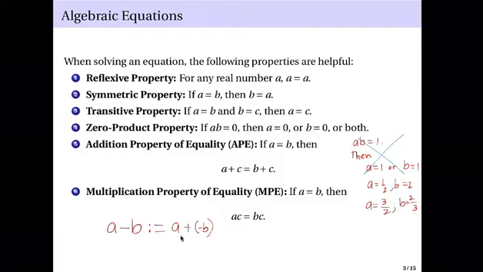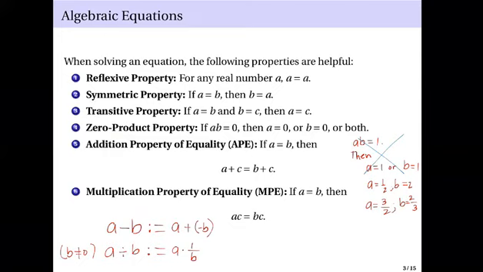Subtraction is defined as follows. A minus B is defined as A plus the negative of B. And similarly, A divided by B, provided here B is not equal to 0, is defined as A times 1 over B. So if B is not equal to 0, then B will have a reciprocal.